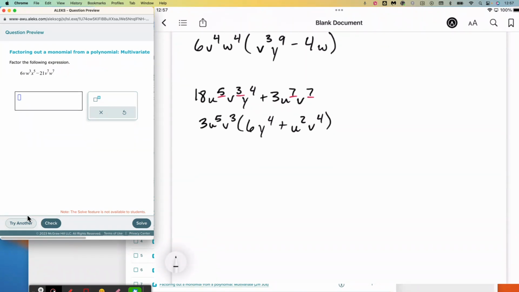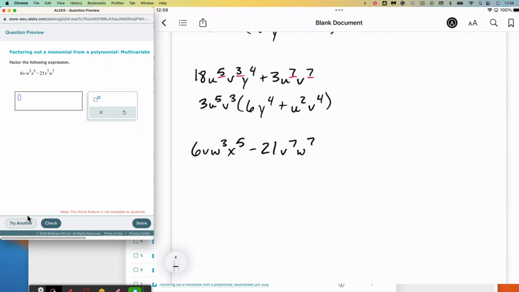And then the last one for our example, 6v w to the 3rd x to the 5th minus 21v to the 7th w to the 7th. So greatest common factor of 6 and 21 is going to be 3.